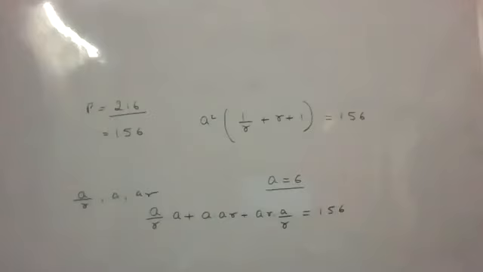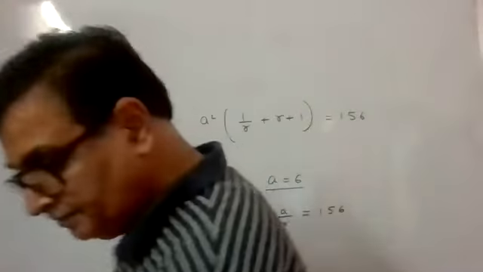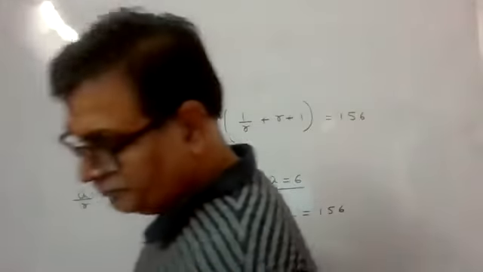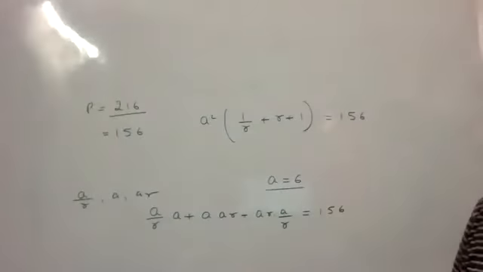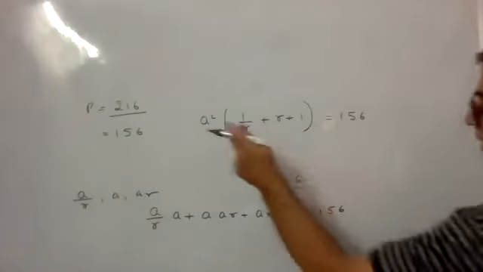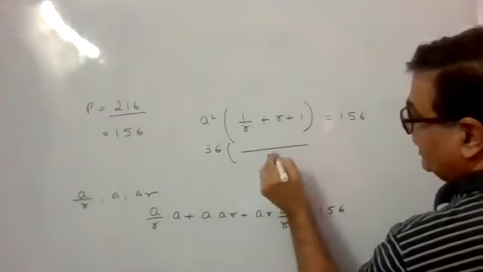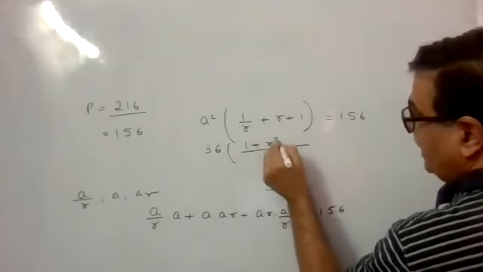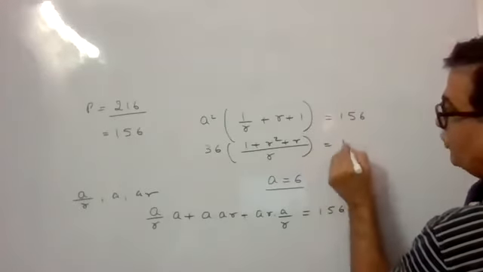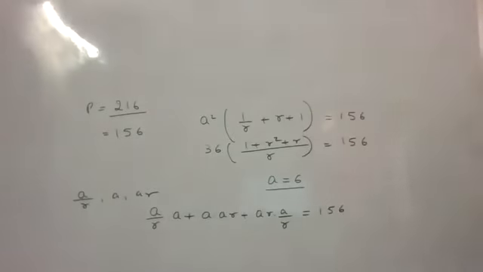And after getting this result, in this case A square will become 36. Here we'll take R as LCM. So 1 plus R square plus R comes out to be 156.